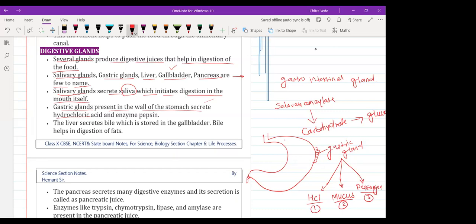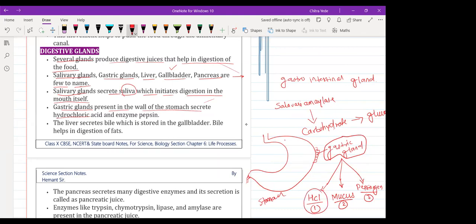So here this is the stomach, and on the wall the gastric glands are present. These glands secrete three types of important substances.